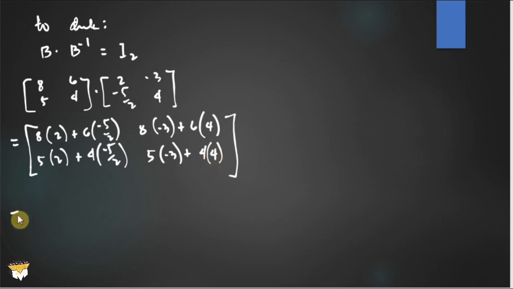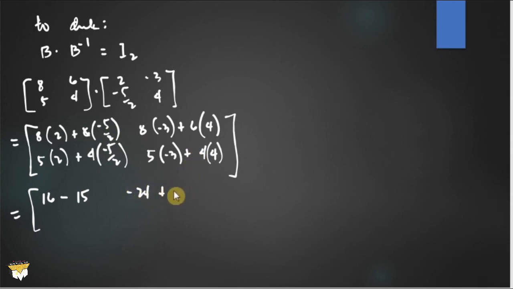Okay, so we have 8 times 2 is, of course, that's 16. Then, this will become negative, so minus tayo. So, cancel natin. This will be 3. So, that will only be 3 times 5 is 15. Then, 8 times negative 3 is negative 24.